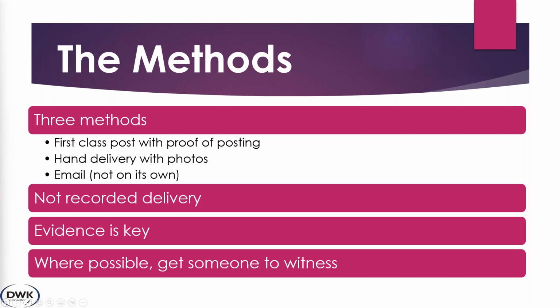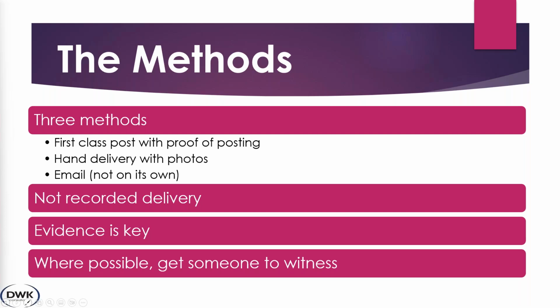So that's what it's about. It's about giving you independent evidence that you gave to someone, an organisation who is recognised, a letter or an envelope which contained the notice that you were serving in relation to Section 21 and Section 8.